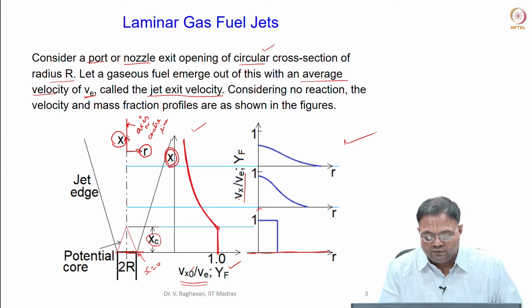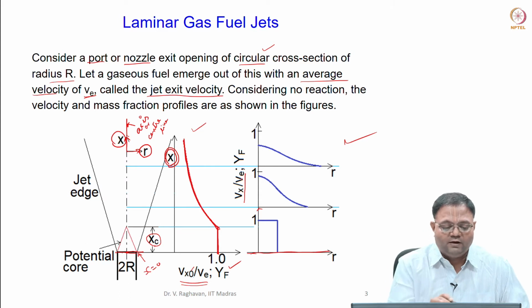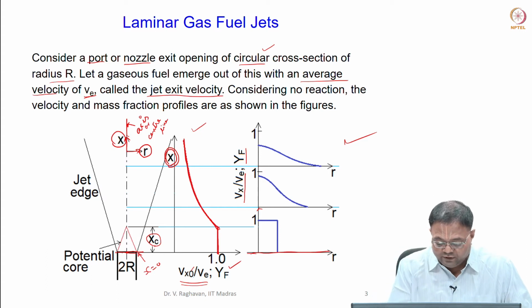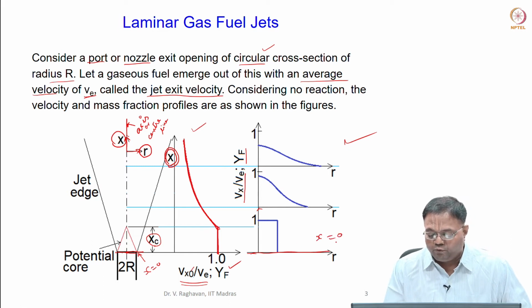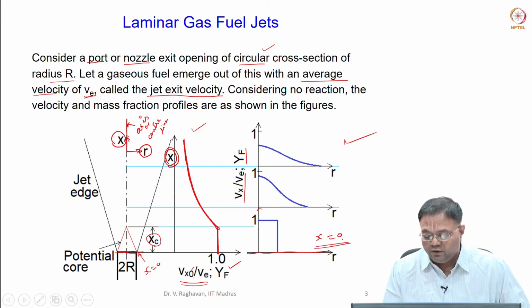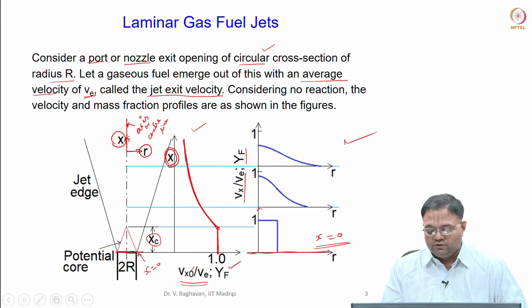So, I take this value Vx by Ve, normalizing by the average exit velocity Ve, and I am also plotting the Yf value. This is plotted at x equal to 0, the axial location of the nozzle exit or port exit.